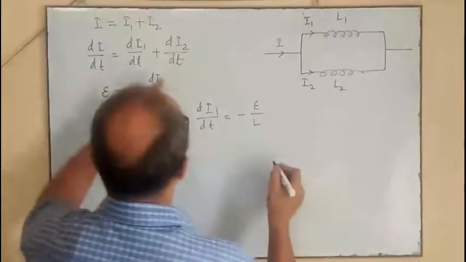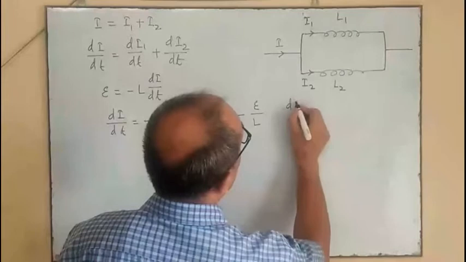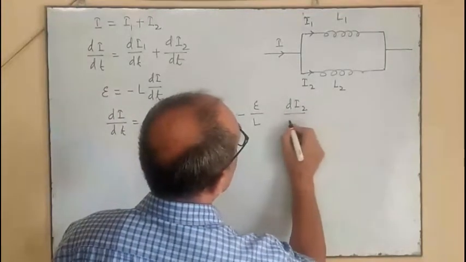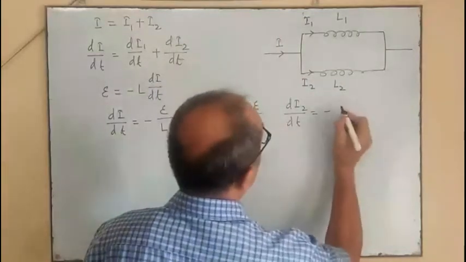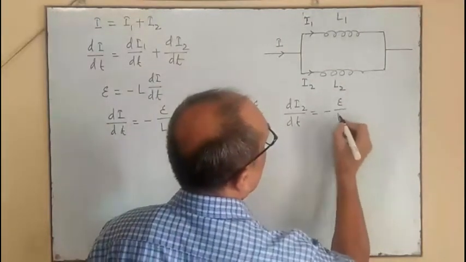And di2 by dt equals minus epsilon by L2.